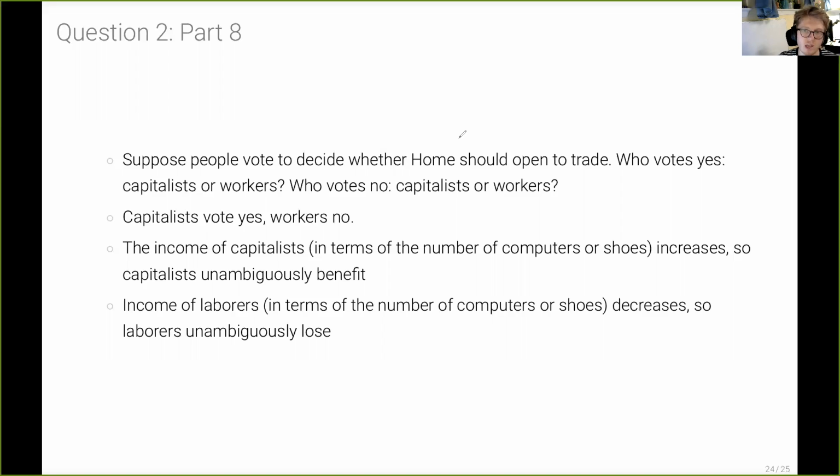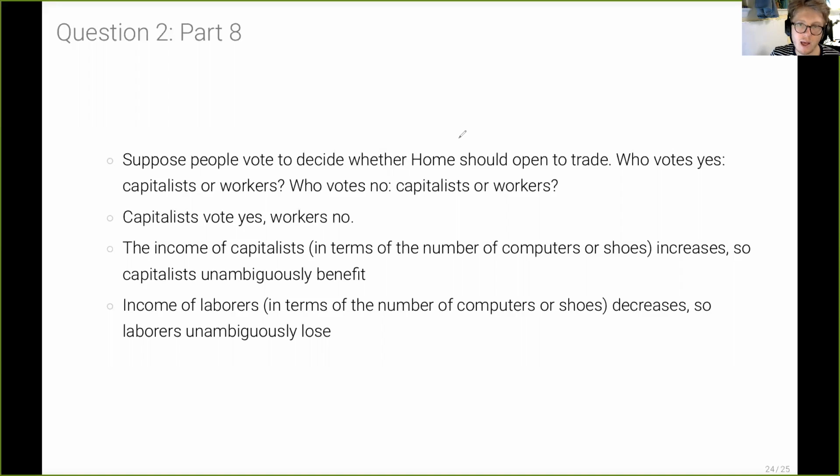Likewise, workers have lost because workers can now purchase less of both computers and shoes, and therefore less of the combination of the two. And so workers unambiguously have lost here. They would rationally think that if you could vote on whether or not to open to trade before you actually do, they would vote against it.